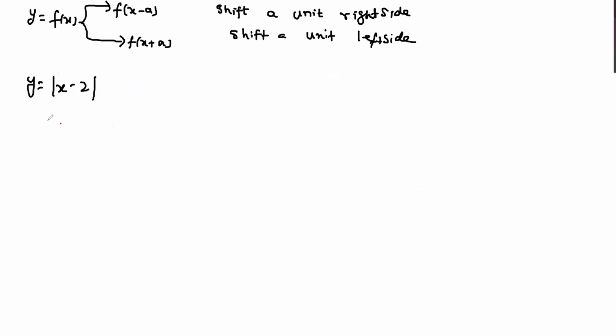First you will draw the graph of y is equal to mod x. Now graph of x minus 2 will be what? Graph will shift to right side 2 unit.